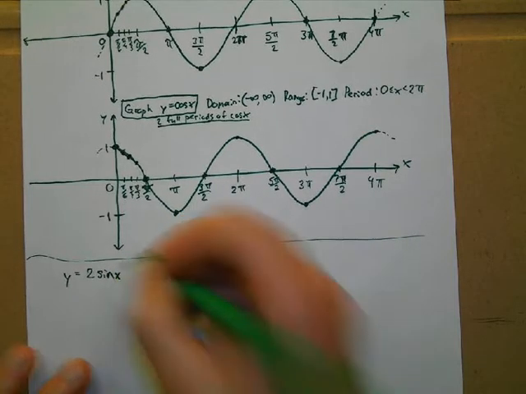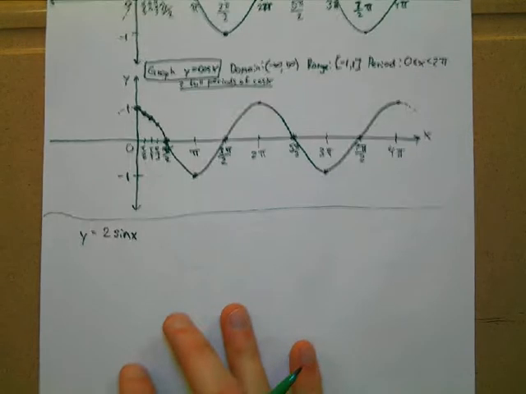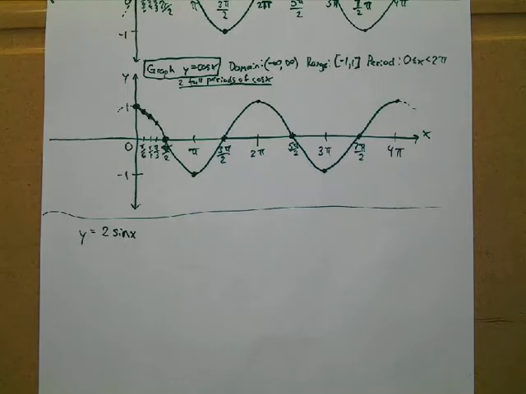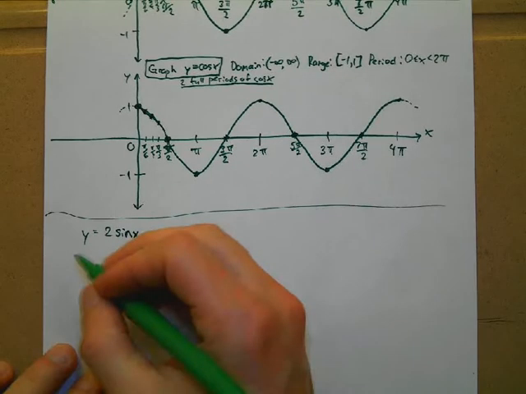So we'll make a little table here, rather than regraphing the entire thing, to see what happens. First we'll look at y equals sine of x, and then we'll say y equals 2 sine of x.